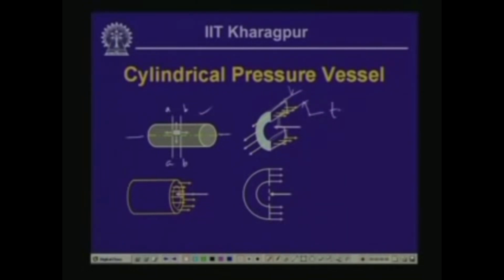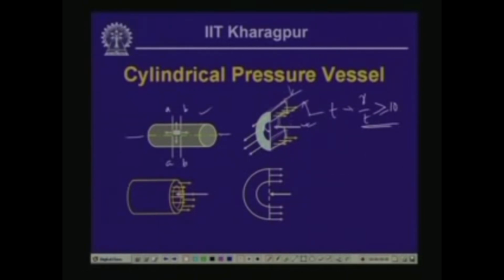As we have discussed, this T is such that R by T, where R is the radius of this cylindrical structure, is greater than or equal to 10, and we call this kind of cylindrical form a thin walled cylinder. Now, if we cut, there are forces which will be acting, and mind that there will be internal pressure exerted by the content.